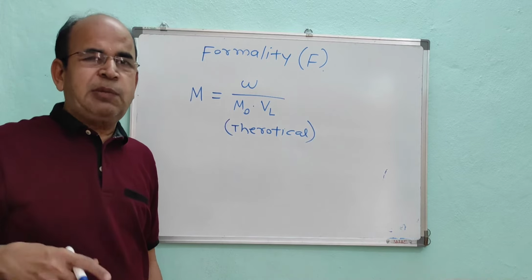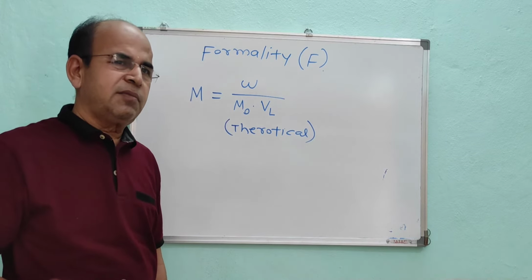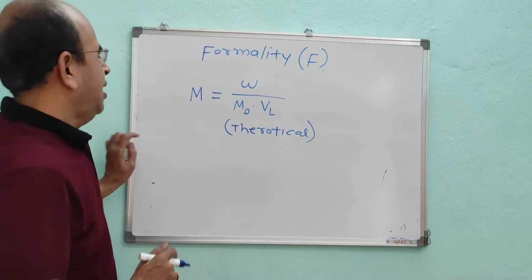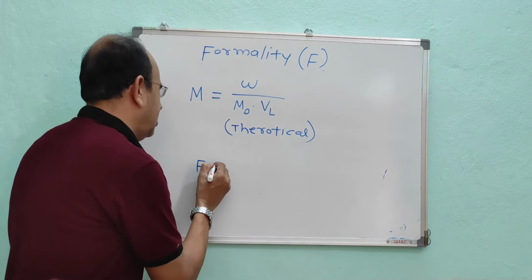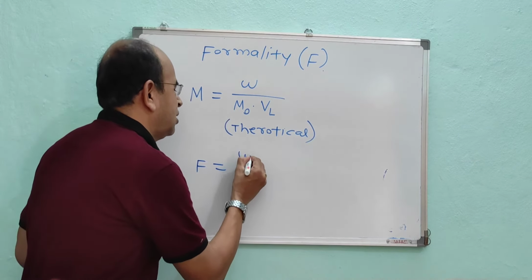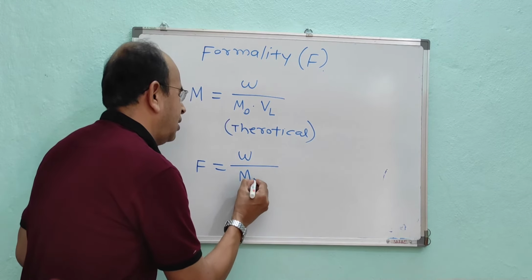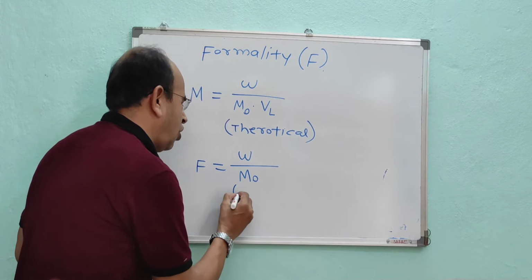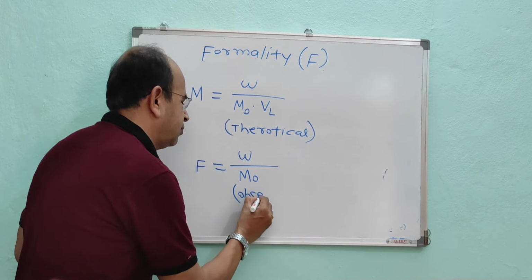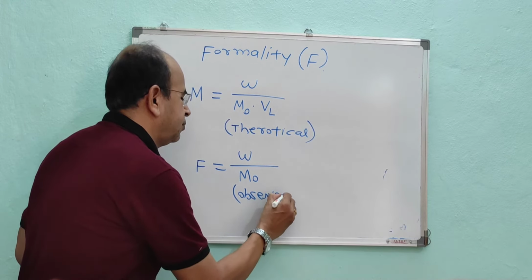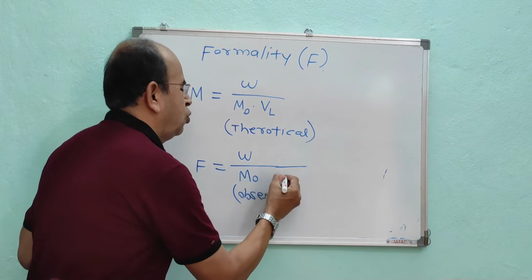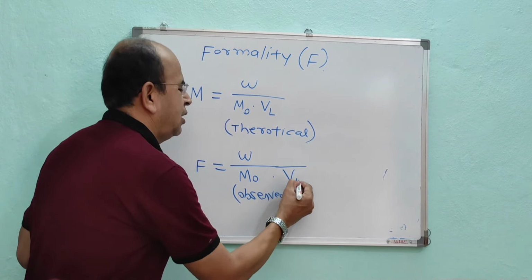Sometimes the actual mass is different from the theoretical mass. So what is formality? Formality is the weight of the substance divided by MO observed into volume of solution in liter.